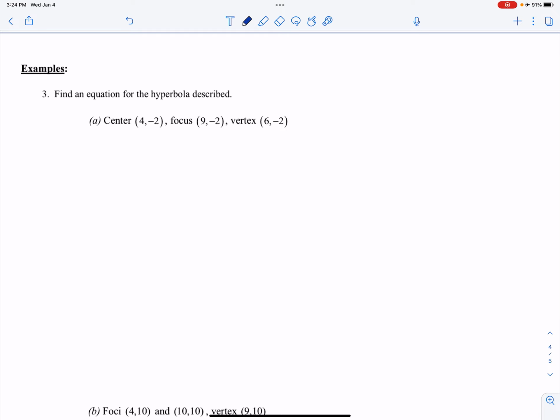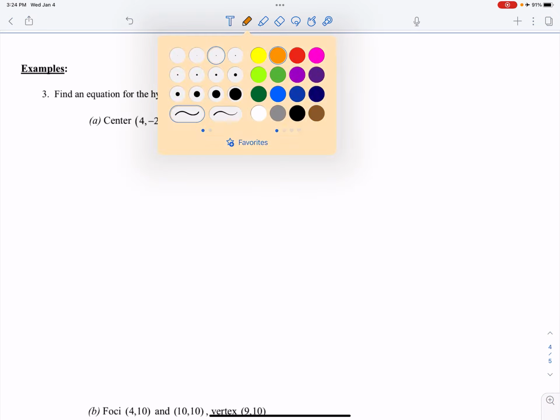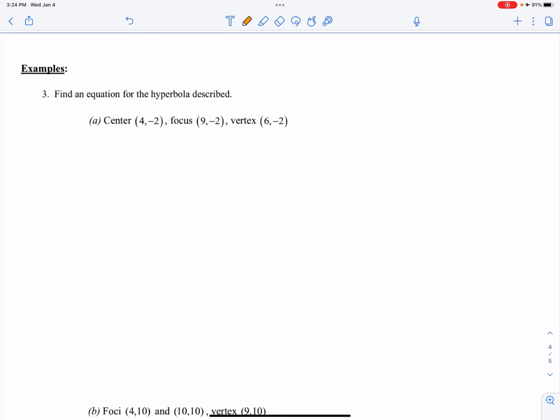So first of all, I'm going to note they all lie on the line y equals -2, which tells me the transverse axis is parallel to the x-axis.